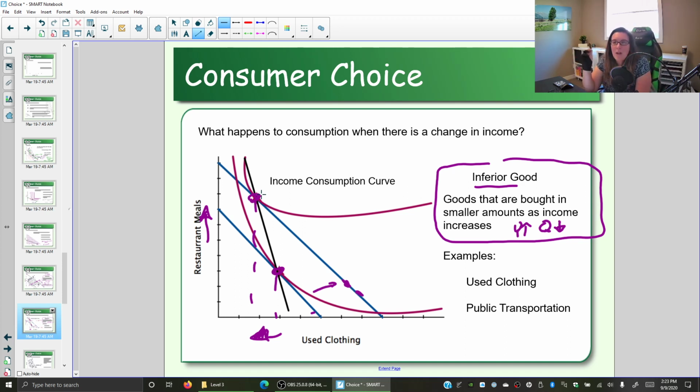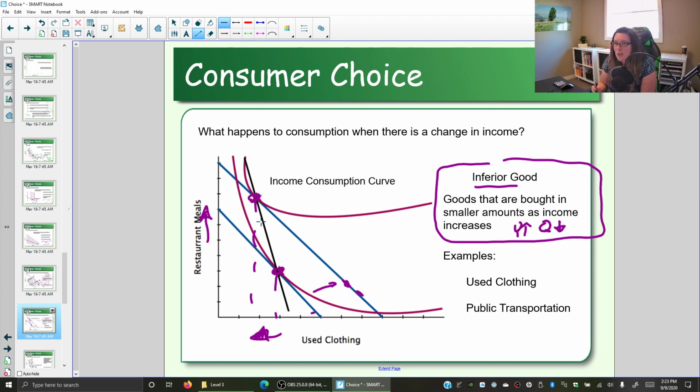Okay. Well, the public transportation is an inferior good if as your income increases, you are less likely to ride the bus. Yes, you can afford more bus trips, but because you aren't willing to buy more, then it is an inferior good. Quantity goes down as income goes up.